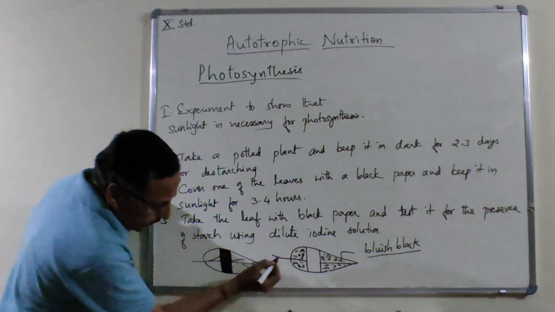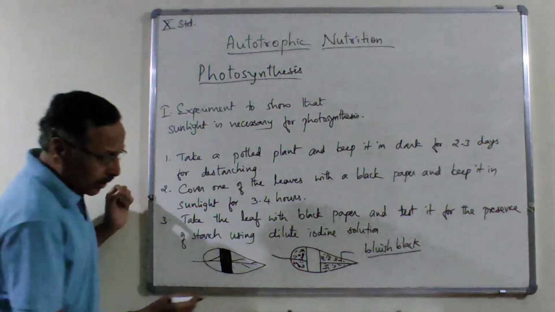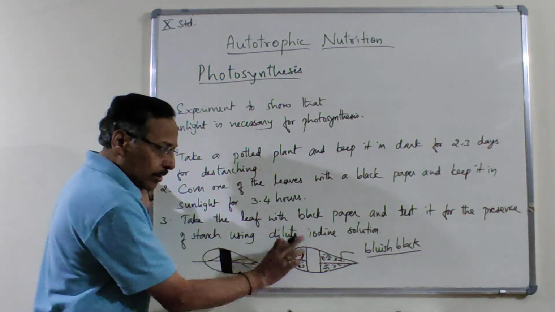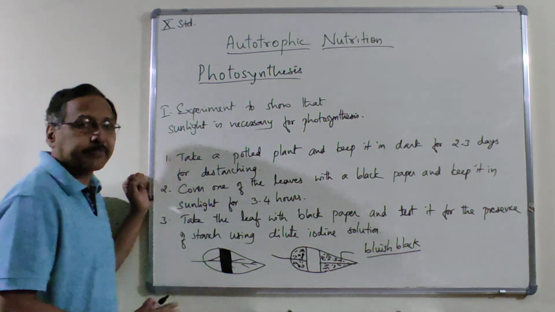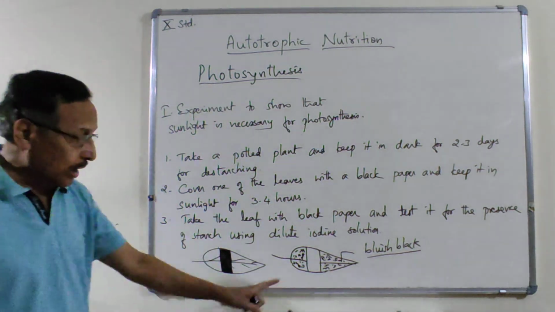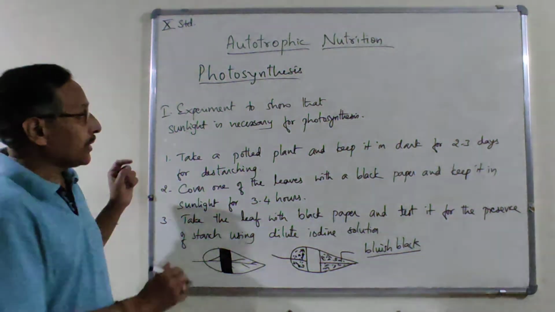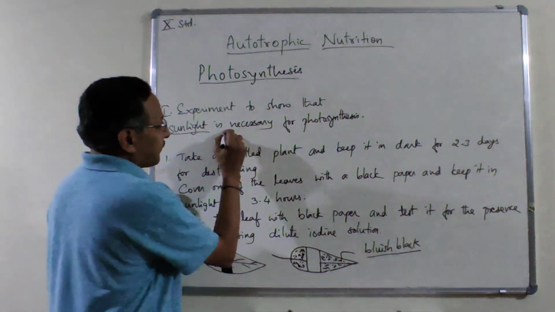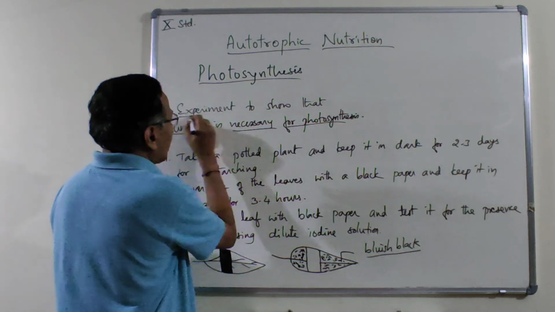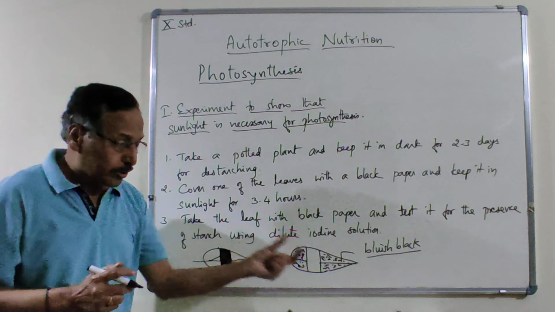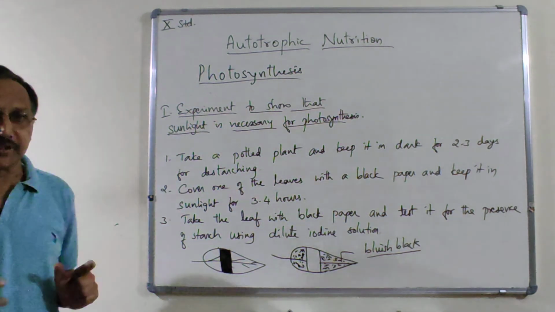All the remaining part of the leaf will turn bluish black. Only this part which you had covered with black paper will not change in color. Why it will not change in color? Because it did not get sunlight, so that part did not prepare starch.